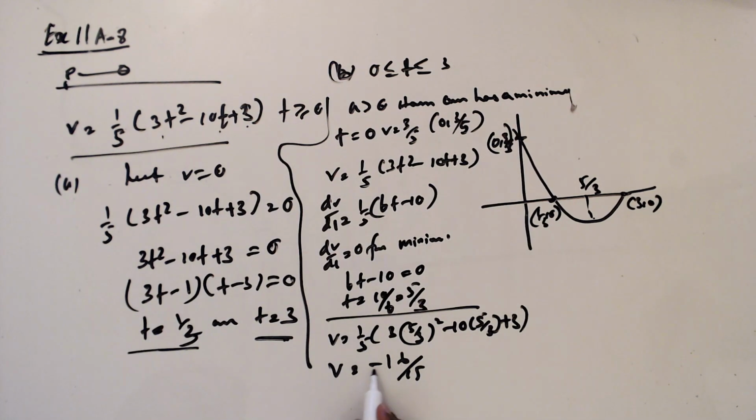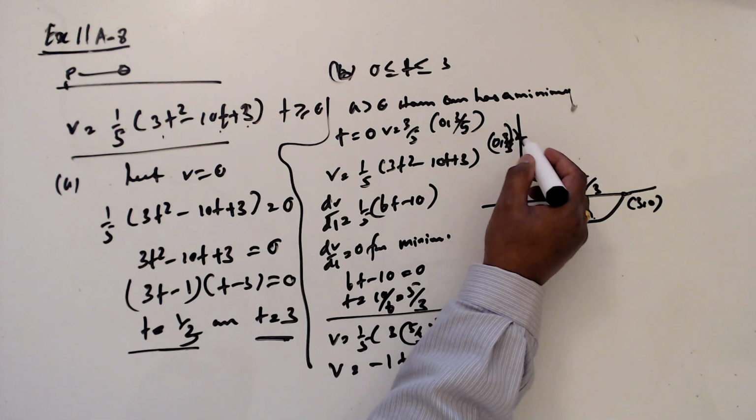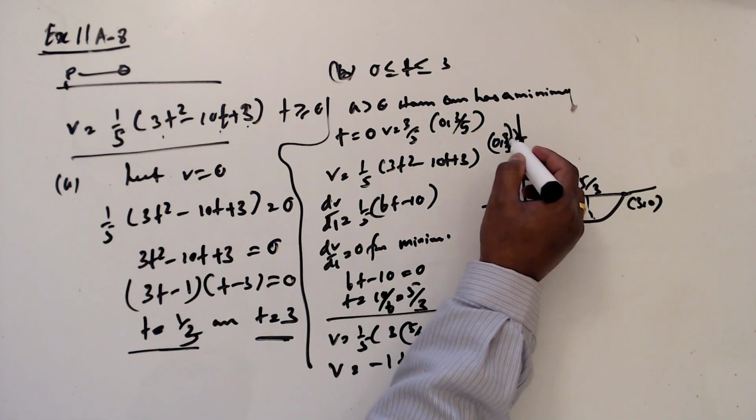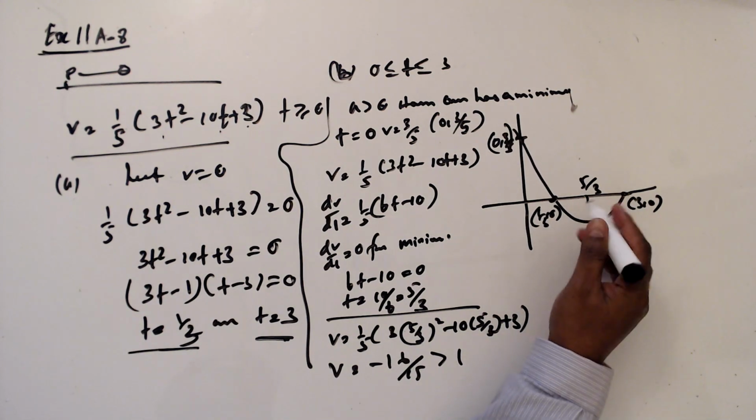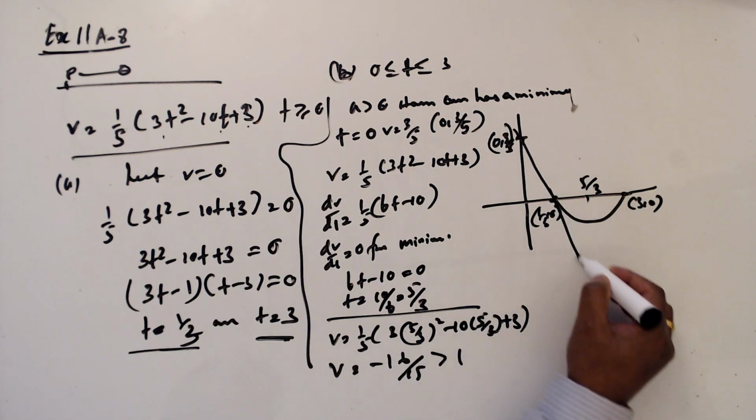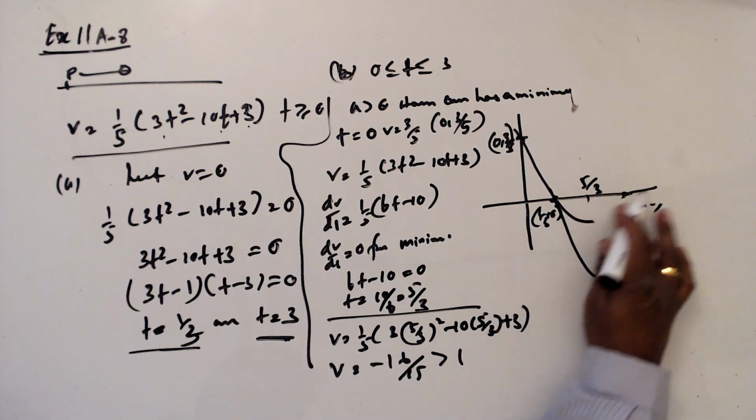So now we can see this is negative, but this value is greater than 1 in magnitude. So this is the highest one in the positive side, and this is less than 1. In this case, this kind of graph I had to draw.